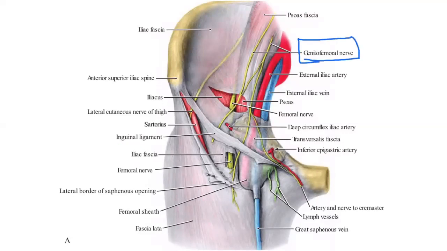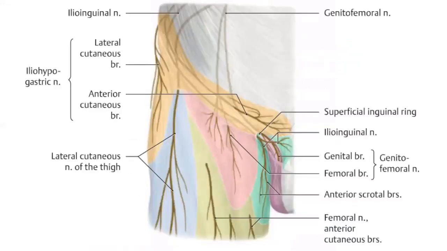This is the genitofemoral nerve, right? These are the branches supplying the thigh and external genitalia.